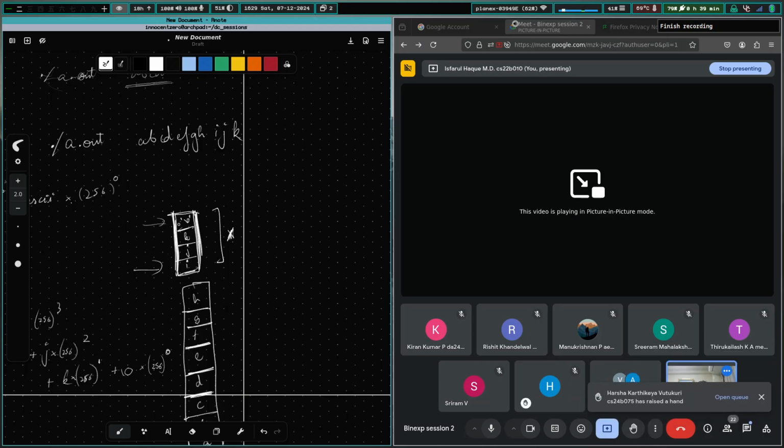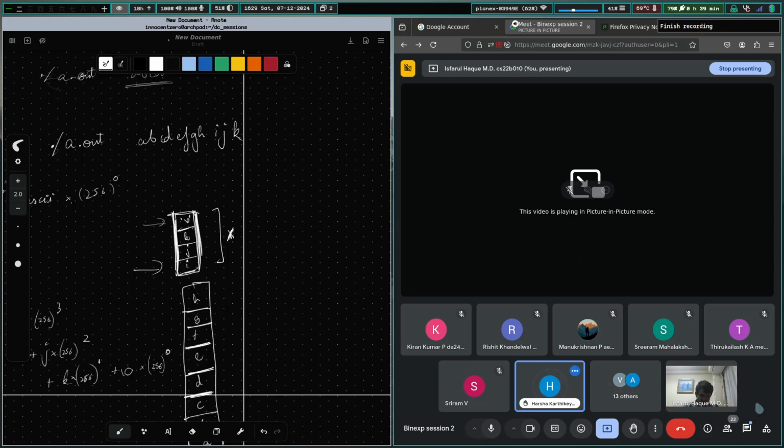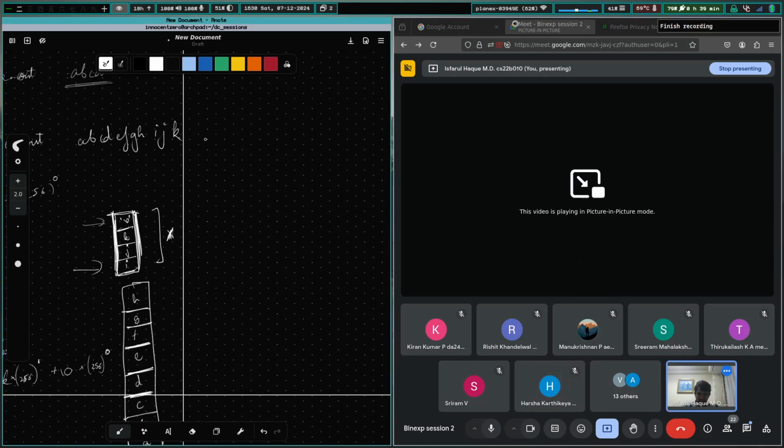Why 256? One byte is 8 bits. One byte's maximum value is 0 to 255. So each of these boxes can hold 256 possible values. Then the next box can also hold 256 values.